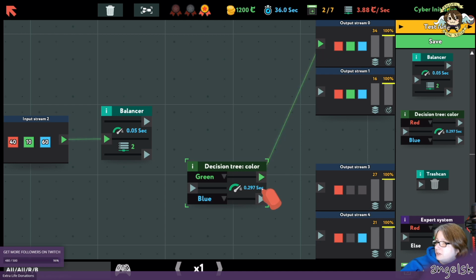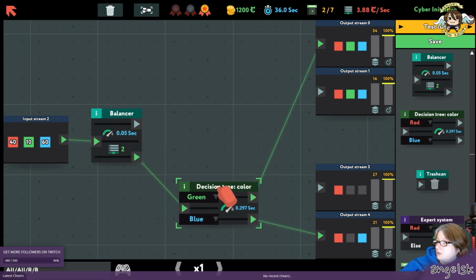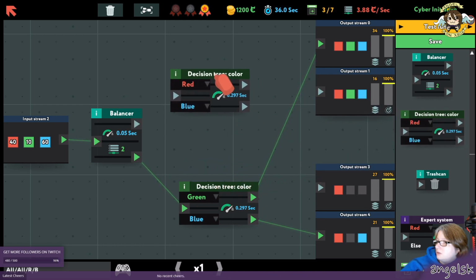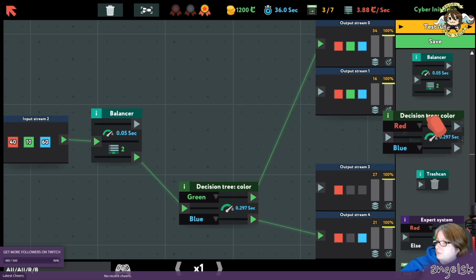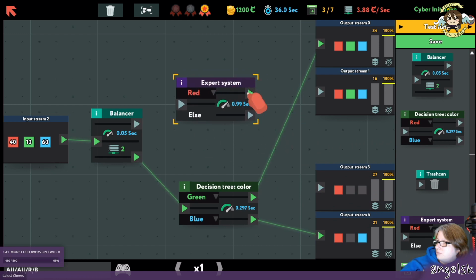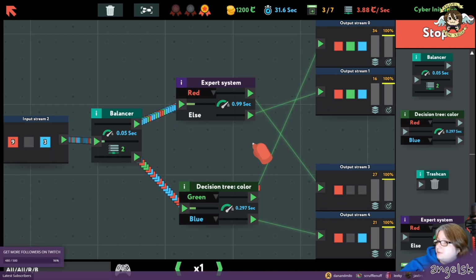If we send the greens up here, the blues here, that should give a decent amount of red distribution. I'm not 100% happy with that, but let's see what happens.